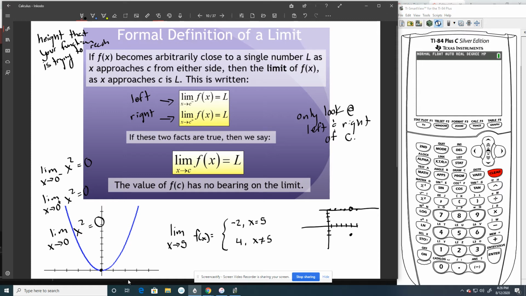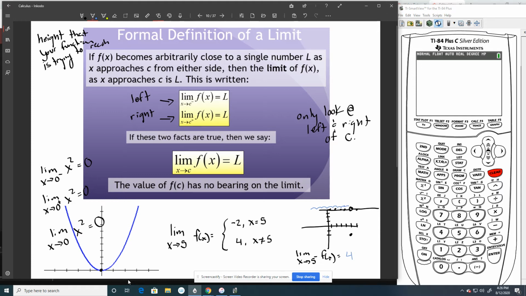So when I look at the limit as x approaches 5 from the left of f of x, coming from the left-hand side, I'm getting closer and closer. My y value is not going up or down. I'm still getting closer and closer to this y value. I'm still getting closer and closer to 4. But once I hit 5, it changes.